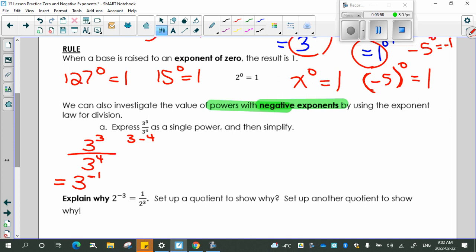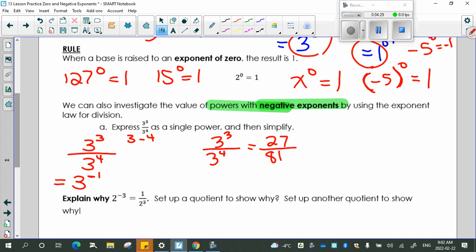But if we look at it a different way, we can look at this as 3 to the power of 3. What would happen if you did that on your calculator? 27. And what would happen if you did 3 to the power of 4 on your calculator? Yeah, 81.